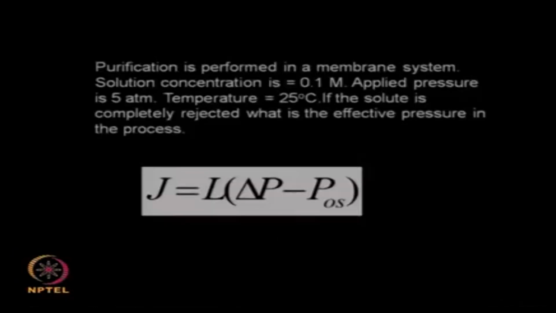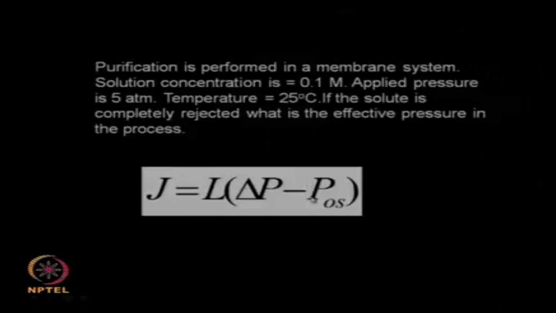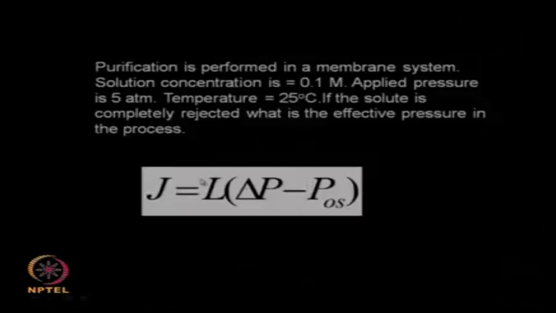Now if you go back to your old problem, we are talking about the solute being completely rejected, so S became 1, so J will be equal to L, your permeability, times delta P minus POS, your osmotic pressure. Now POS is given by RTC, C is 0.1, T is 25 degrees centigrade, that means 273 plus 25, 298 Kelvin, and R is your gas constant.